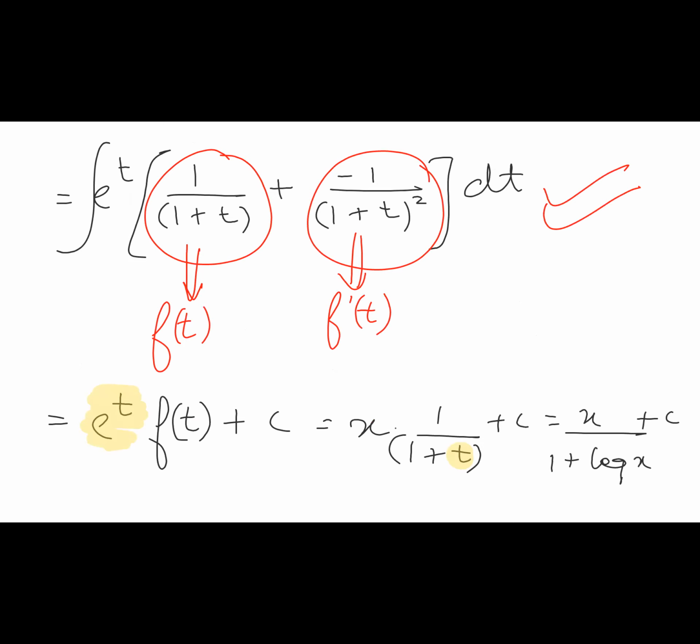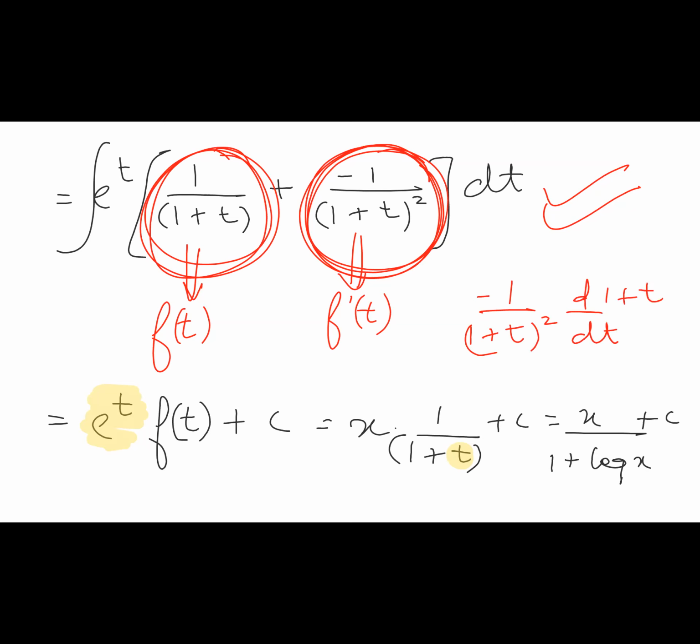f of t is 1 upon 1 plus t. F dash t, the derivative of 1 upon 1 plus t, is minus 1 upon 1 plus t the whole square. We'll compare this with the formula 1 upon t into dy dt of 1 plus t. Dy dt of 1 plus t is 1. So 1 into this is this f dash t.